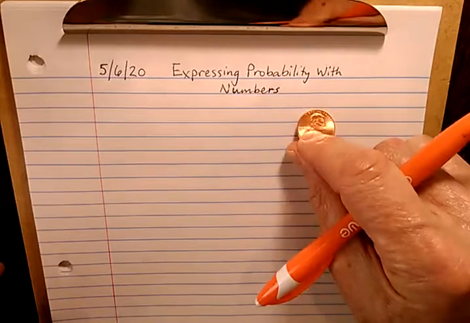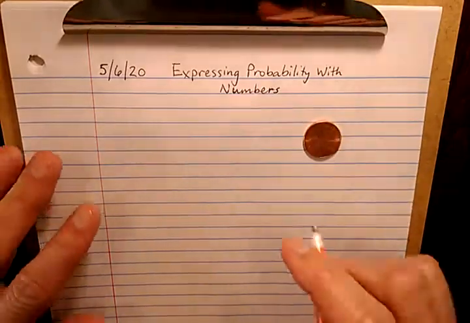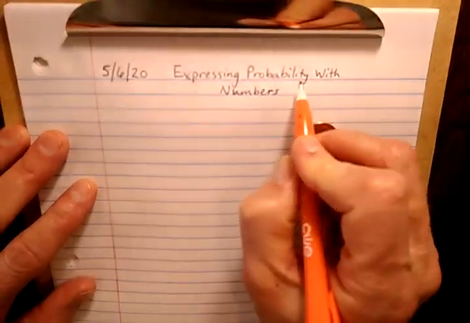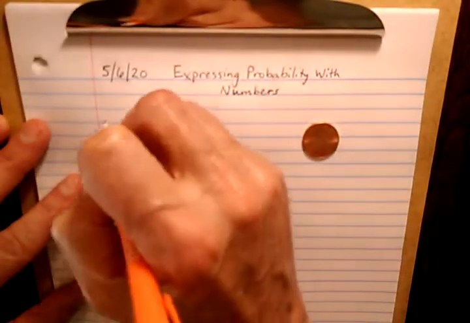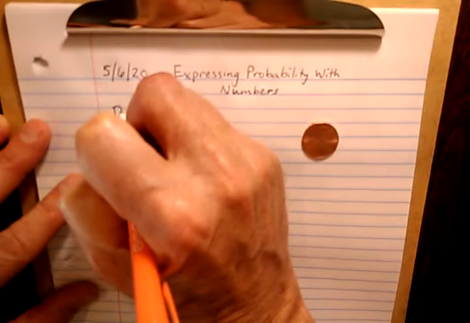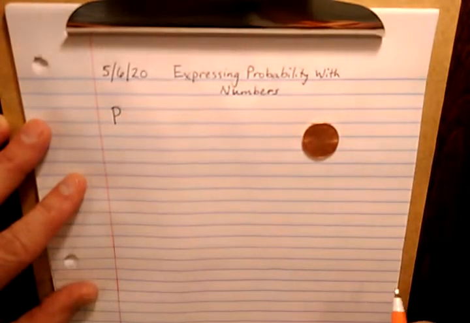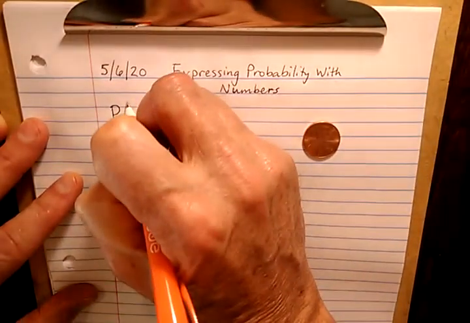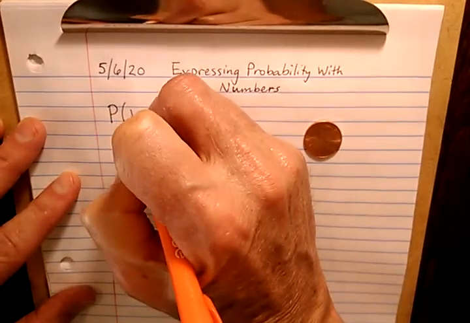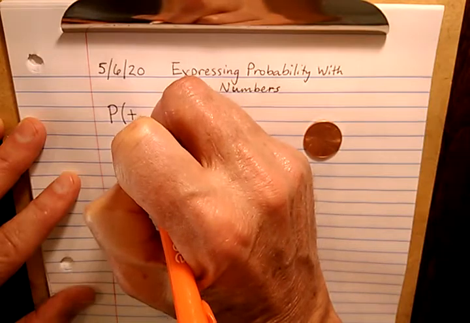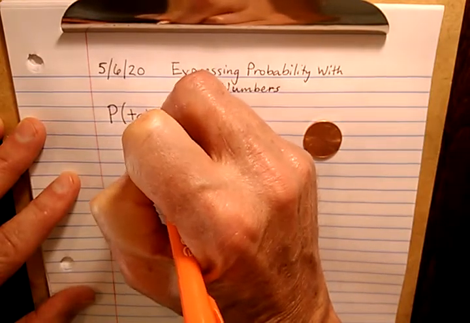So what we do to write this out in math, since probability is a long word, and we don't really want to write long words if we don't have to, in math we use the capital P. Capital P means probability, and then in parentheses we write the thing that we want to happen.